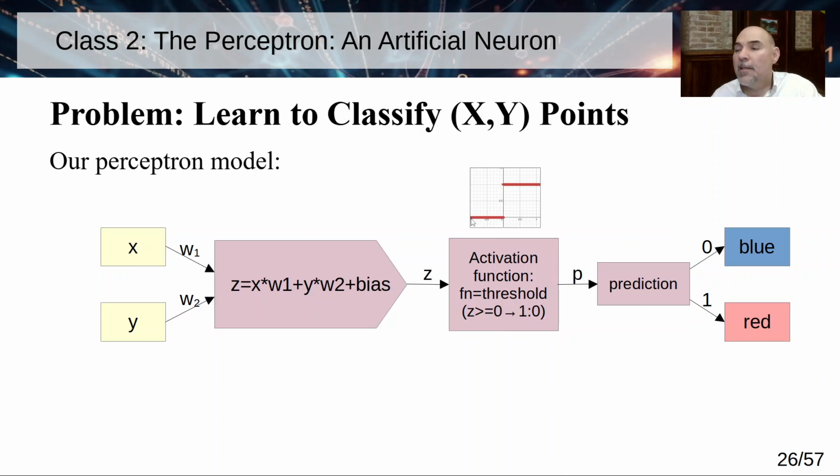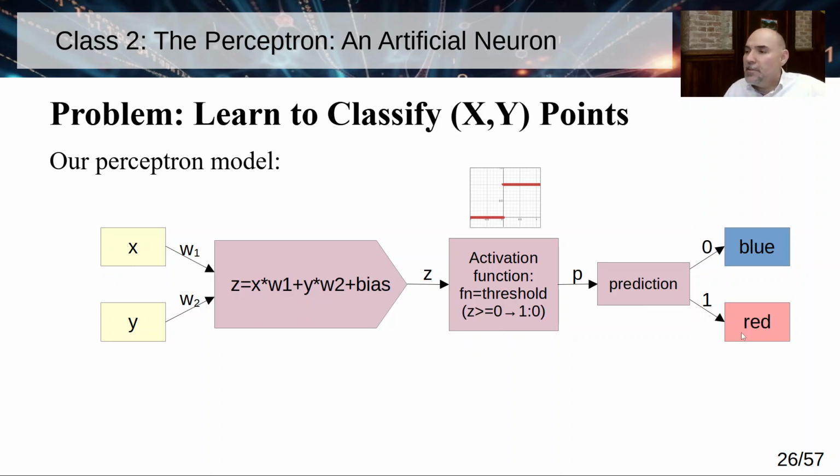So it's, again, kind of like what we talked about in the biology. Once the sum is reached, once it becomes positive, it fires its value across to the prediction. And then my prediction, since I'm either firing a 0 or a 1, we're going to say 0 is blue, 1 is red.